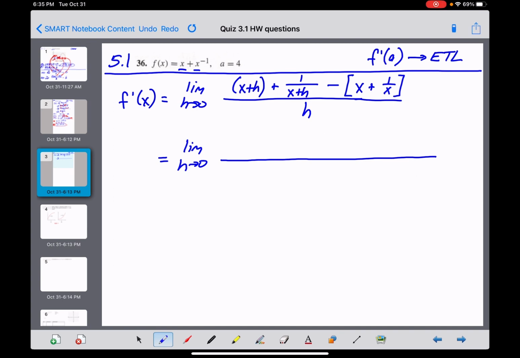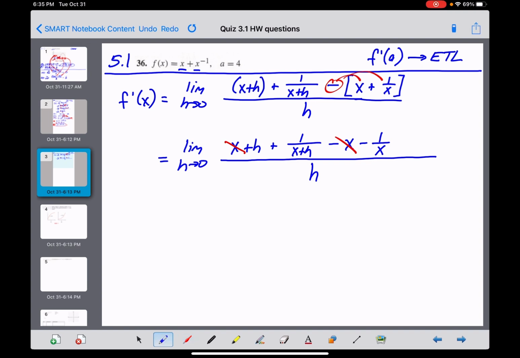Now, the one thing I'm going to do to make my life just a little bit easier right off the bat, I'm going to get rid of the parentheses on the x plus h, plus the 1 over x plus h, and I'm going to distribute this negative inside, and that's at least going to do one nice thing for me. Minus x minus 1 over x all over h. Well, the thing I see right away is that this x and this x are just going to cancel each other out, and that's what we're going to be left with on top.